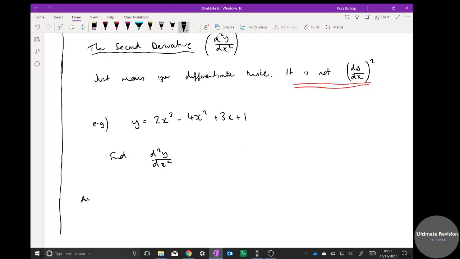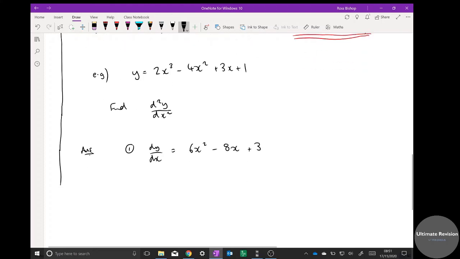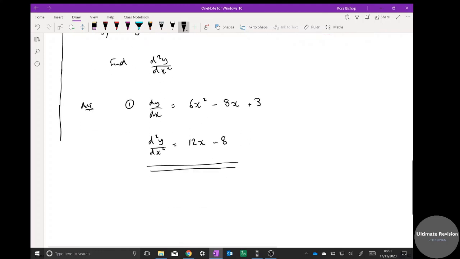Okay, how you'd answer this, you need to find, first of all, the first derivative, dy/dx. So dy/dx, should be good at these now, 6x squared minus 8x plus 3. And then I differentiate that again. So the second derivative is going to be 12x minus 8, the 3 disappears, and that would be my solution.